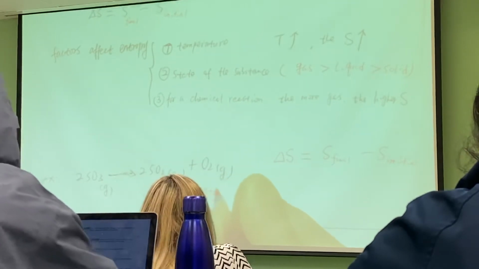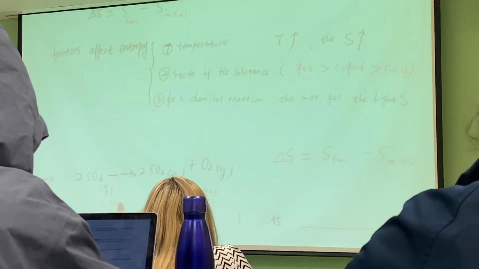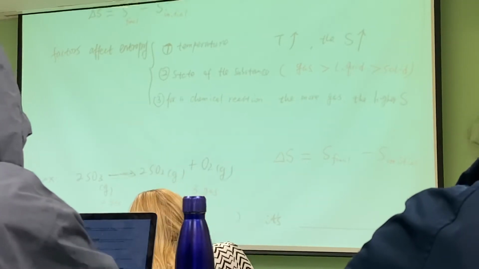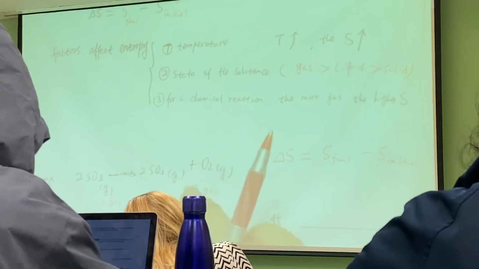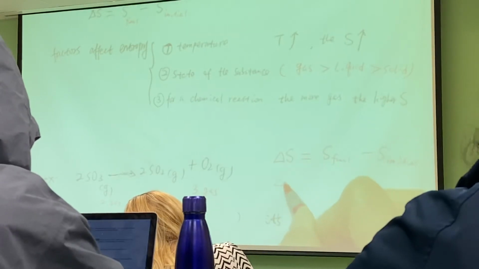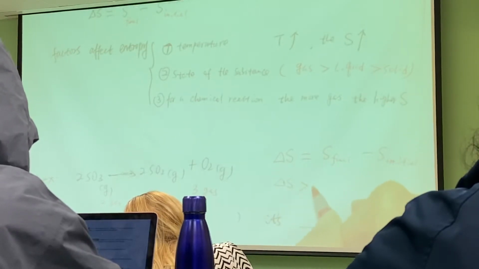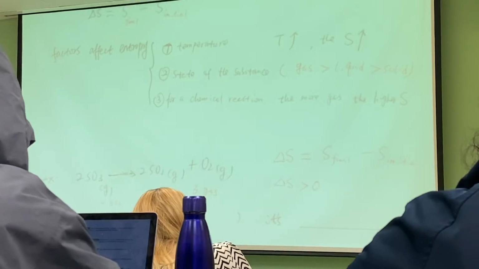In the beginning of the reaction, you have 2 gas. So which side gets more gas? Product, right? Eventually you get more gas. So more gas means more random, means higher entropy. So your delta S here should be positive. Okay? That's very important to know.